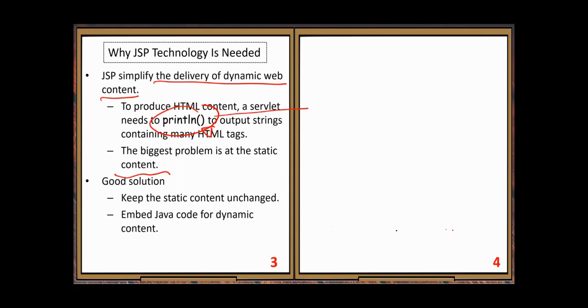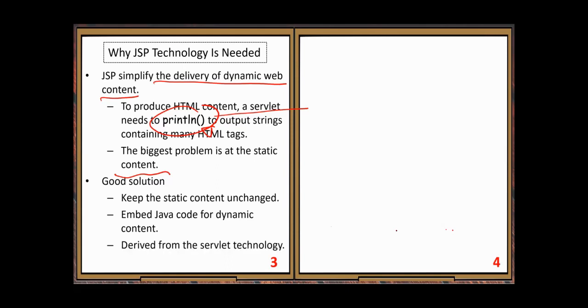Second, embed Java code for dynamic content. When you really need dynamic content, then you embed Java code to do it. Otherwise, you don't do anything in Java. Just leave it as the HTML expression. That's perfect for the static content.